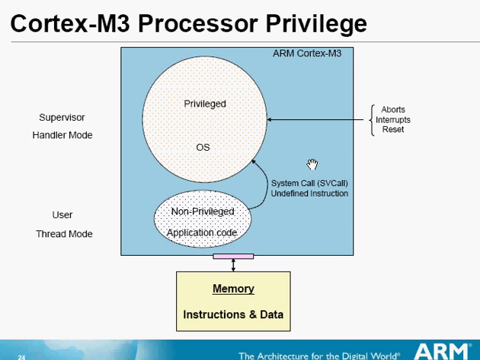Finally, the technical terms for these two modes of operation are thread and handler. This is the technical term which we use in ARM. Thread mode means user mode, handler mode means supervisor mode.